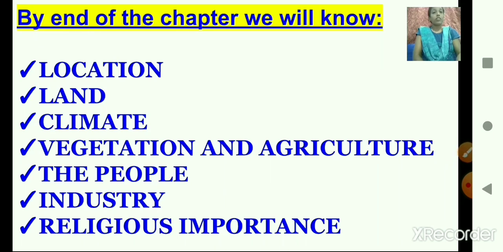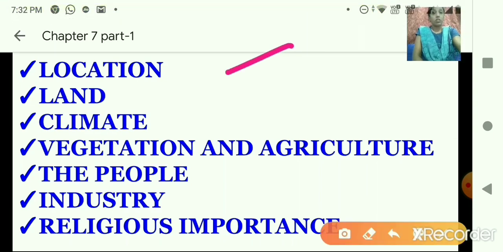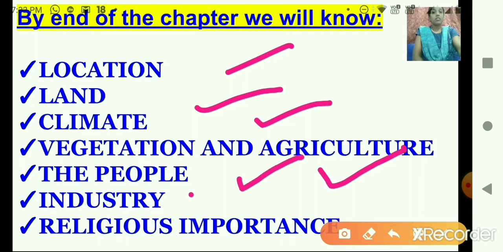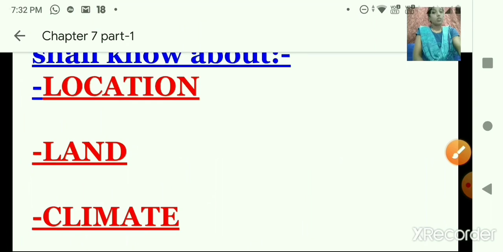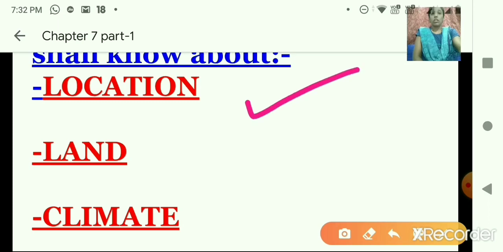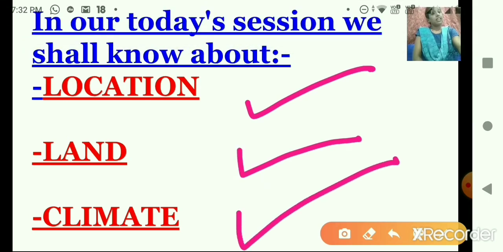By the end of the chapter we will know more about the location, about the land, climate, vegetation and agriculture, the people, industry and religious importance of Saudi Arabia. In today's class we shall know more about location, land and climate of Saudi Arabia.